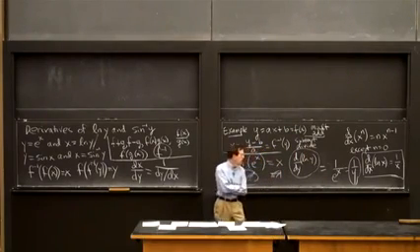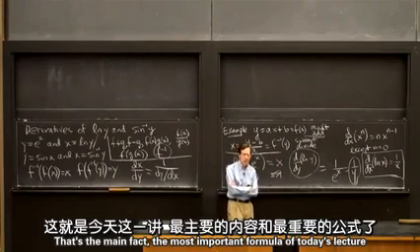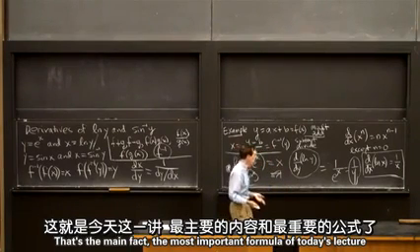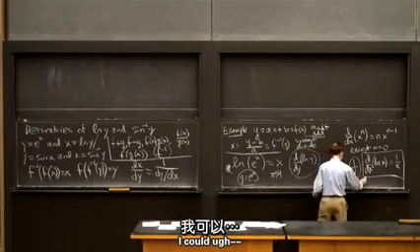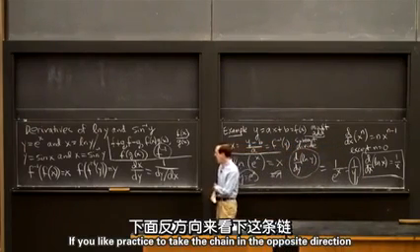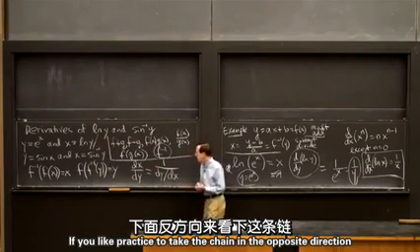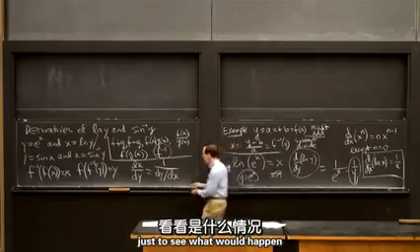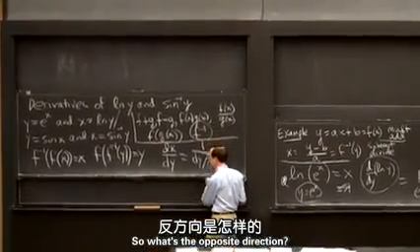Okay, that's the main facts, the most important formula of today's lecture. I could, do you feel like practice to take the chain in the opposite direction? Just to see what would happen? So what's the opposite direction?